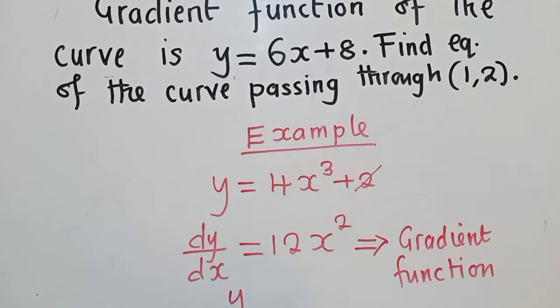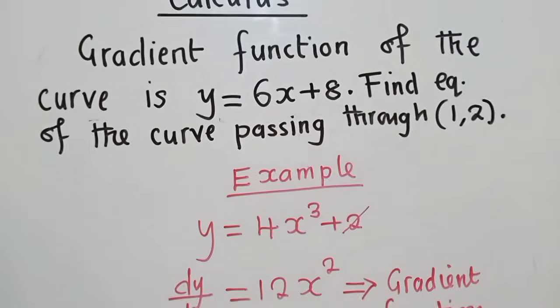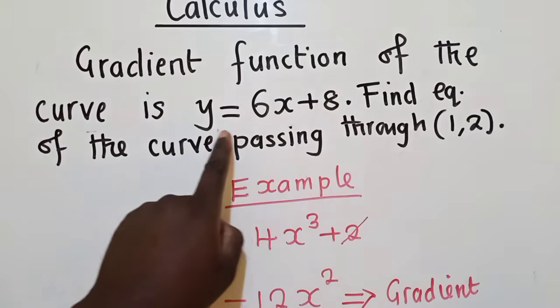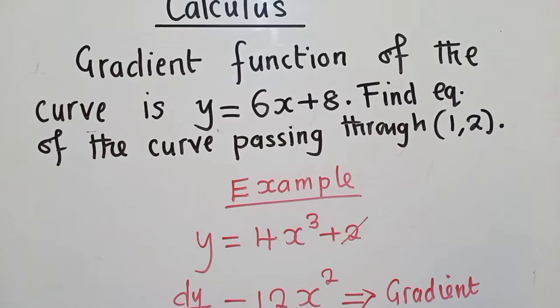So we can even write it as y prime is equal to 12x power 2. Or we leave it like this. If they just say this is a gradient function, we just leave it like this. We know that somebody found the derivative or dy/dx. And this is what we've been given in the question, if you're able to see: y is equal to 6x plus 8. So they have given us the dy/dx.